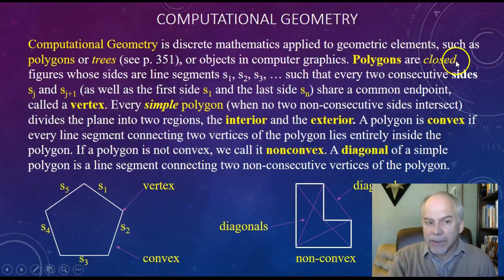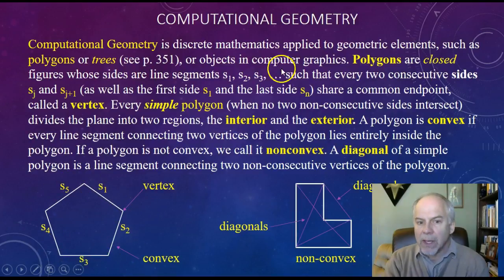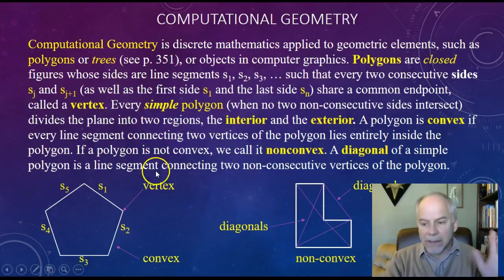So a polygon is a closed figure whose sides are line segments, S1, S2, S3. So I show a picture of a polygon here with line segments S1, S2, S3, S4, and S5. But it could have as many sides as you want.